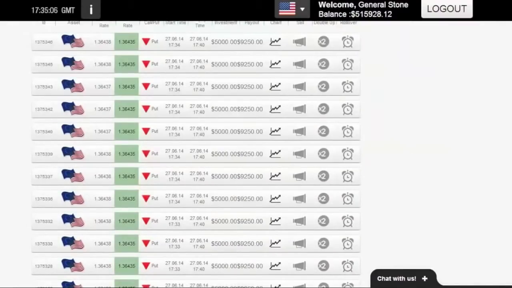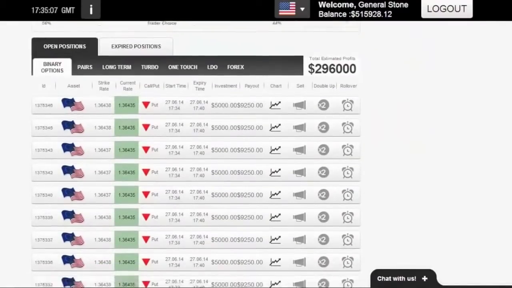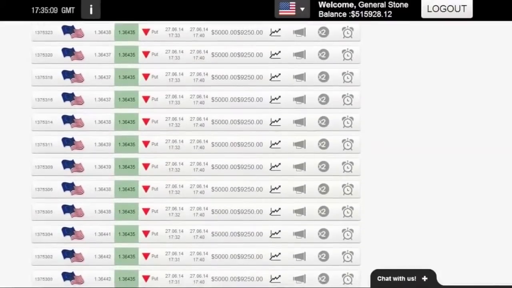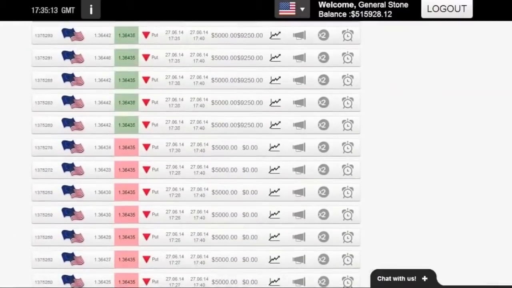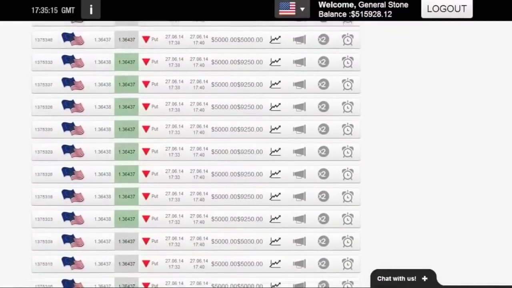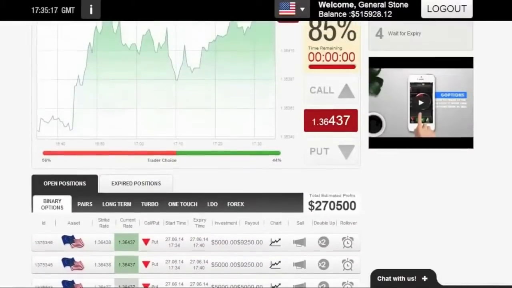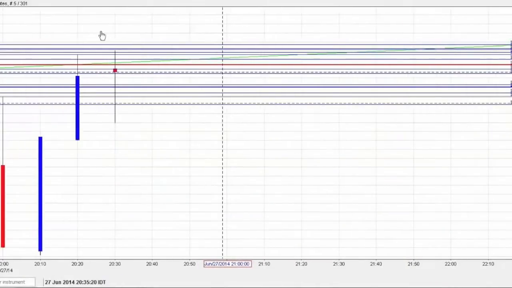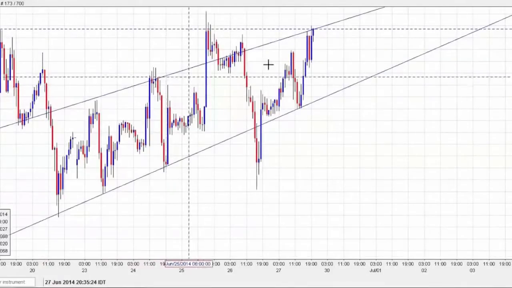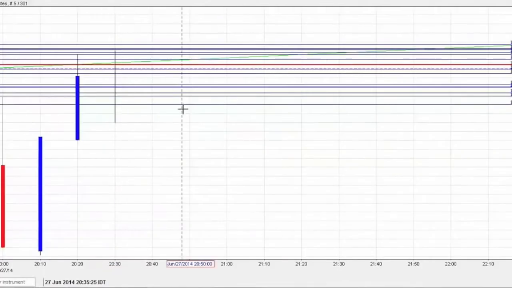So right now, if I look down the list, you can see a huge majority of all my trades there in the green, and obviously about 20% down at the bottom in the red as the price moves around. So let's update the chart. Let's get back to that 1 hourly view, into the 10-minute view.